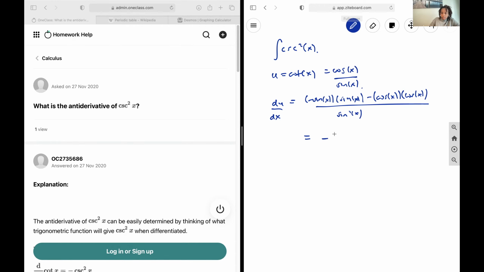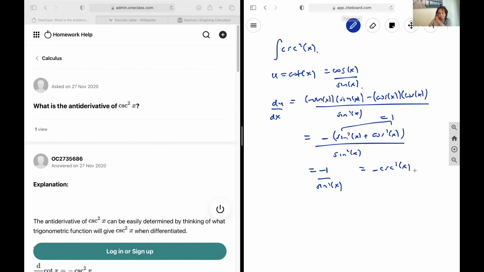And this becomes negative sine squared x plus cos squared x all over sine squared x. And so we get negative 1, because this is equal to 1 according to the identity that we know, over sine squared x, and this would be negative cosecant squared x is equal to du over dx, and that means that du is equal to negative cosecant squared x dx.